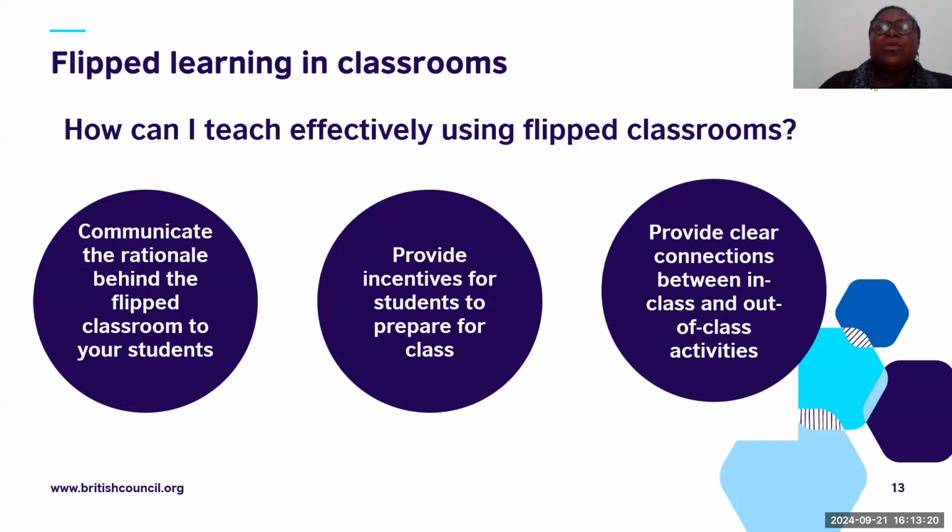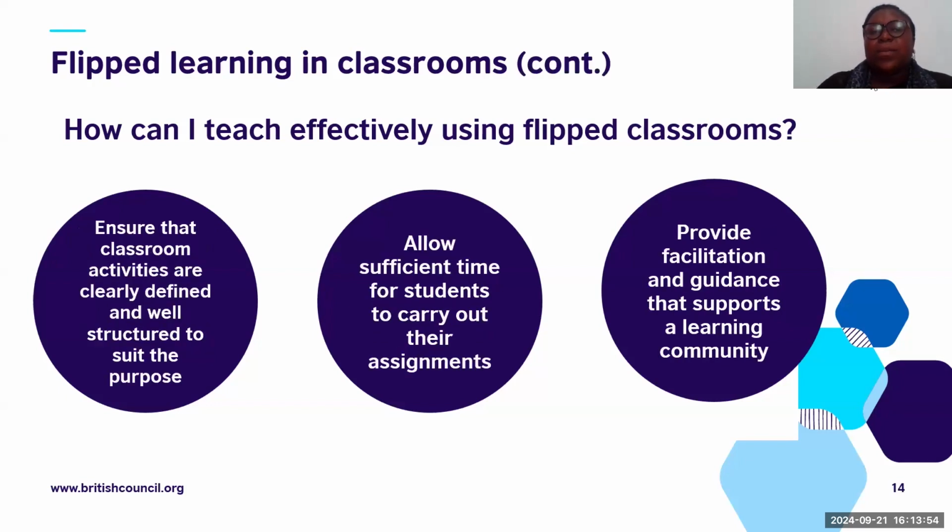Also, let's provide incentive to help prepare them and help them anticipate and want to explore this approach. Let us also make them understand how flipped learning is part of the ongoing teaching process, so that they don't feel that it takes them out of the classroom as initially viewed. So we must make them understand that it's just a continuation or part of our classroom activities.